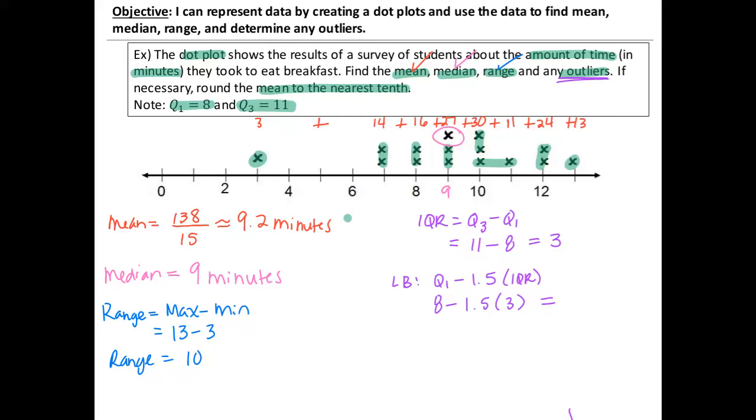On the calculator, you can just do 8 minus 1.5 parenthesis 3 close parenthesis, press equals. What do you guys get for your lower bound? 3.5. My lower bound is 3.5.